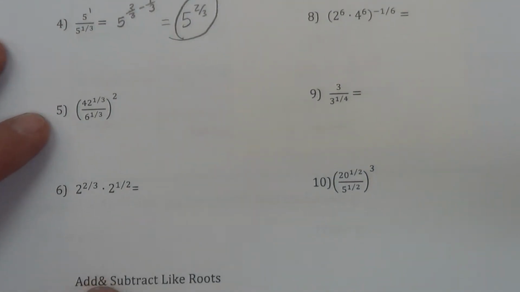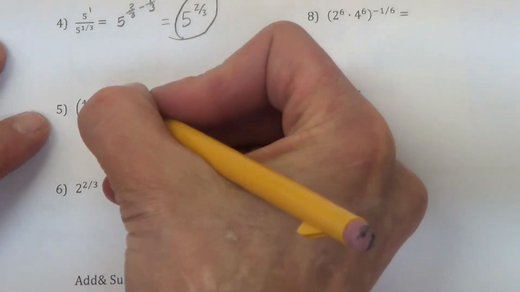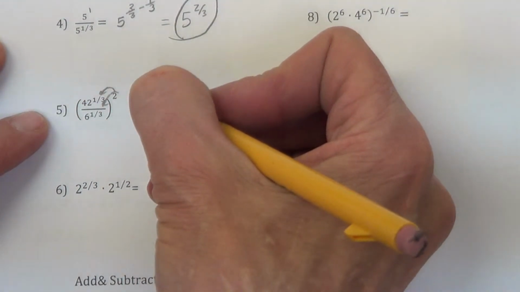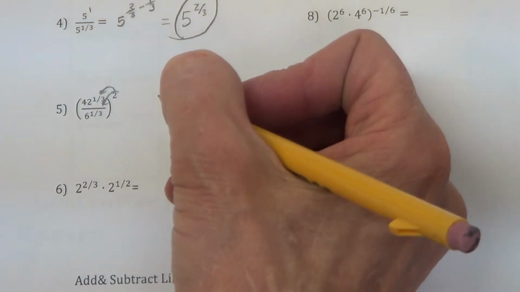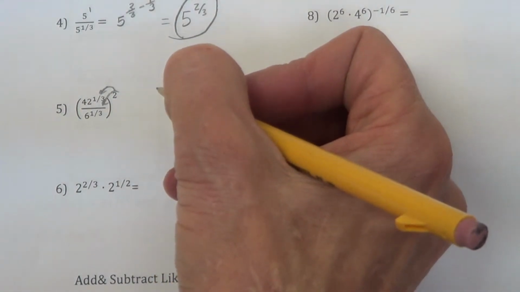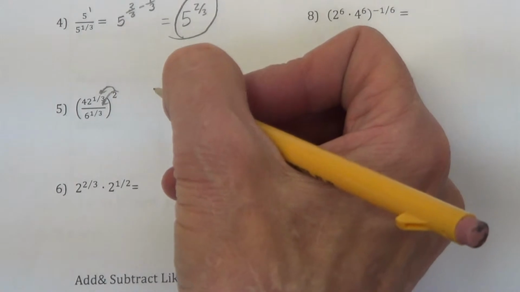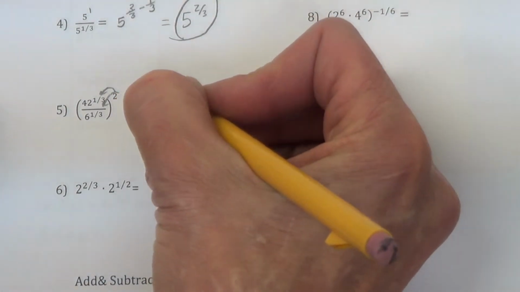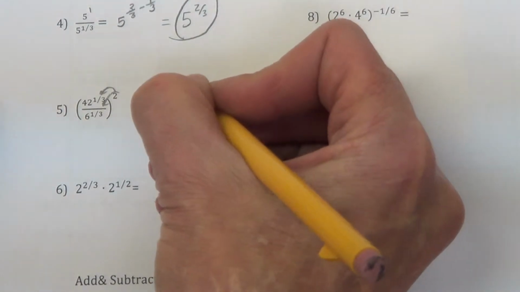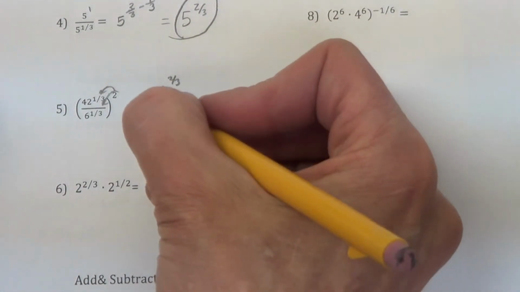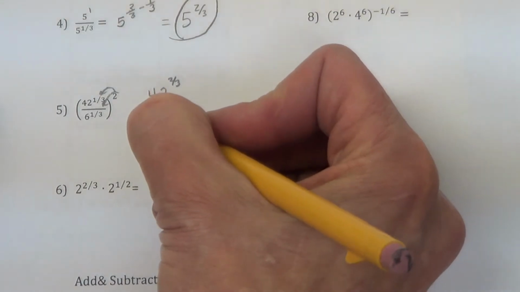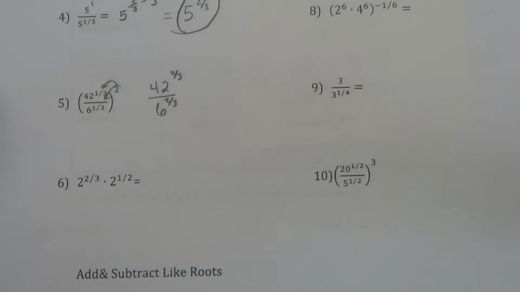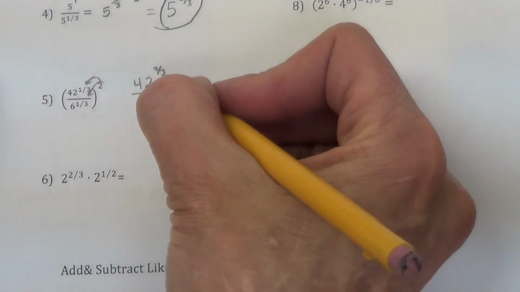Next one. We would multiply this 2 into each of these, so we end up with 42 to the 2/3 over 6 to the 2/3. Now, we can take it one step further.